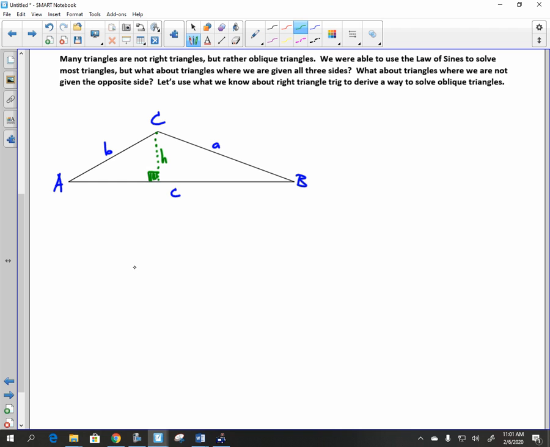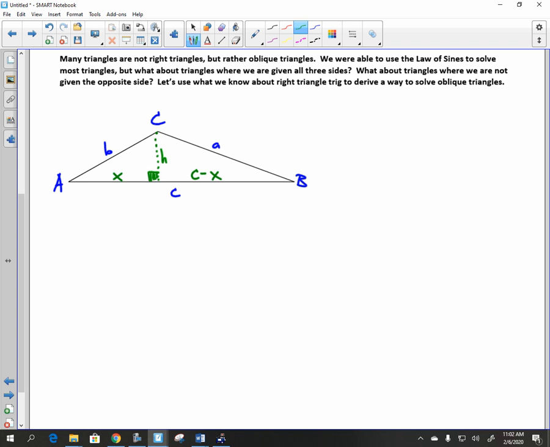I want a formula that involves A, B, and C. Something like the Pythagorean Theorem, A squared plus B squared is C squared. That would be really nice, but that only works if we have what kind of triangle? A right triangle. So I'm going to call this side X here for that smaller triangle. And if this is X, then what is this length right here? C minus X. Very good.